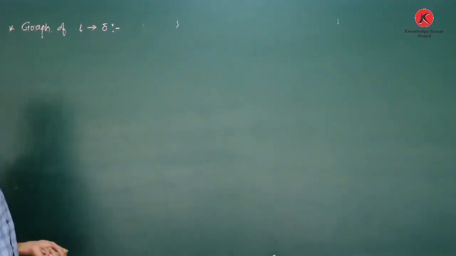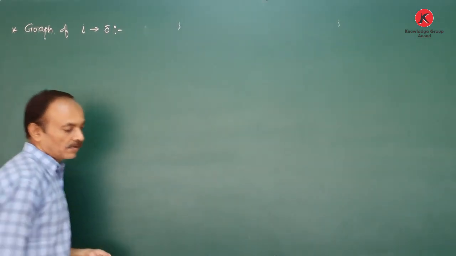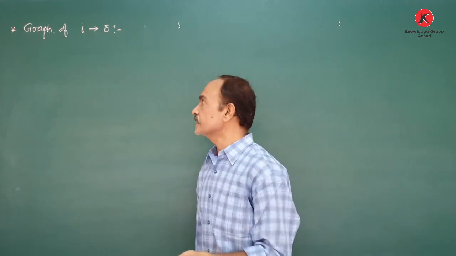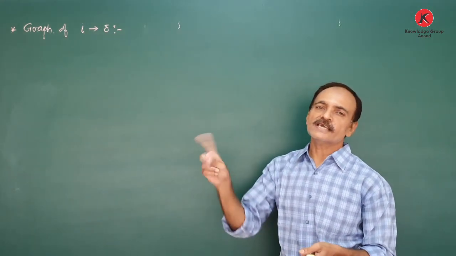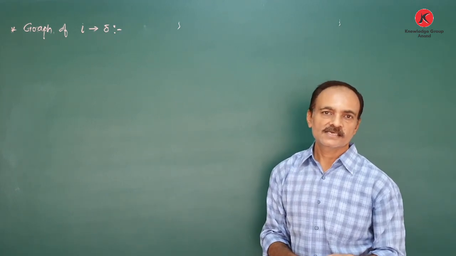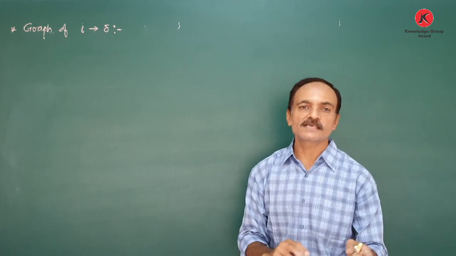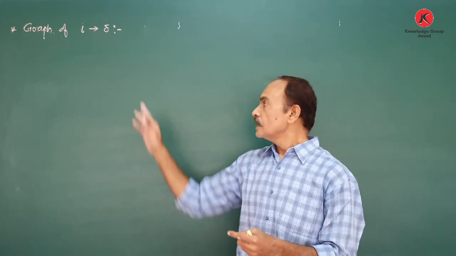After we obtain the equation i plus e is equal to A plus delta, now we are going to draw the graph of angle of incidence versus angle of deviation, because the angle of deviation depends on the angle of incidence. For different angles of incidence, we obtain the corresponding angle of deviation.